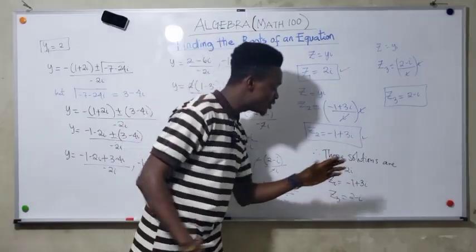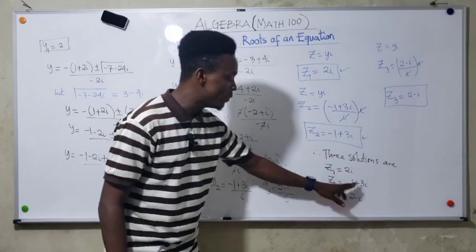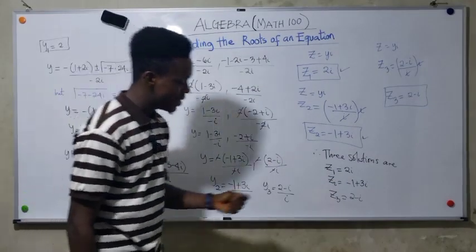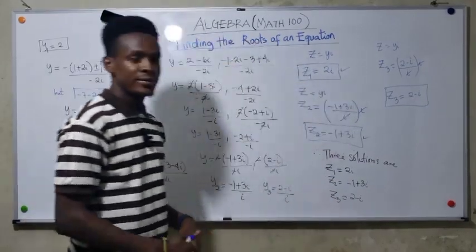So we realize that z1 is purely imaginary, z2 is minus 1 plus 3i, and z3 is 2 minus i.